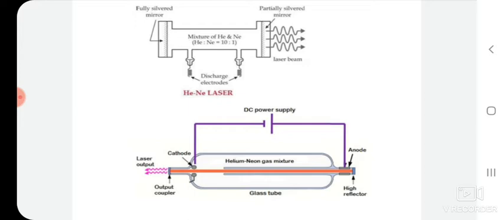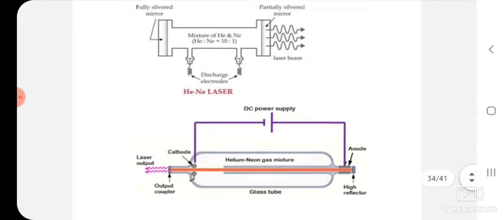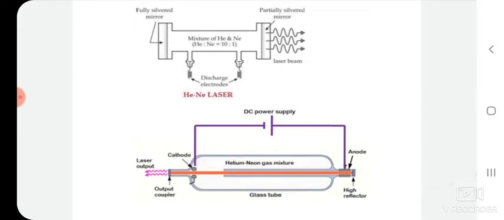So the third part of the construction is the pumping system. The pumping is done through an electric discharge by using electrodes that are connected to a high frequency alternating current source.